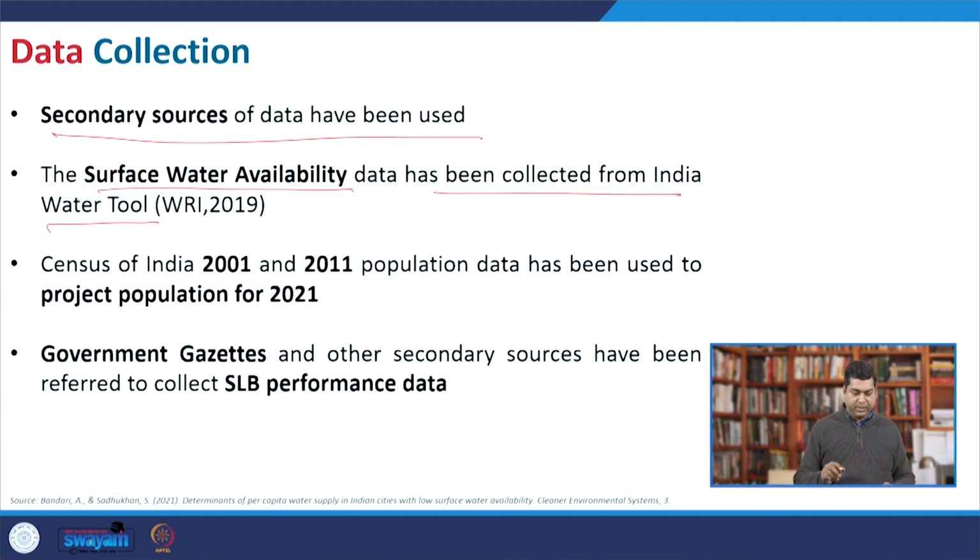We gathered Census of India population data for 2001 and 2011, and then projected it for 2021. Then government gazettes and other secondary sources were referred to collect the service level benchmark performance data for all 9 indicators.